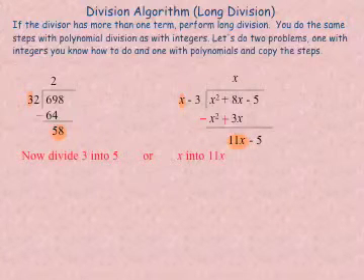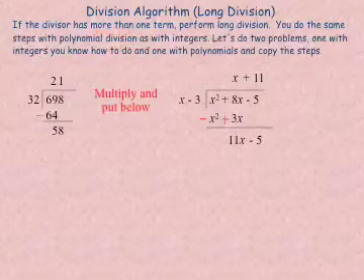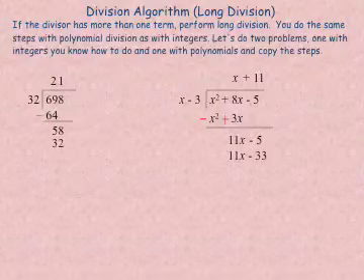So we'll look at the x and the 11x, and we'll determine that we want to multiply by a positive 11, so we put plus 11 at the top and multiply and subtract, making sure to change the signs and calculate.